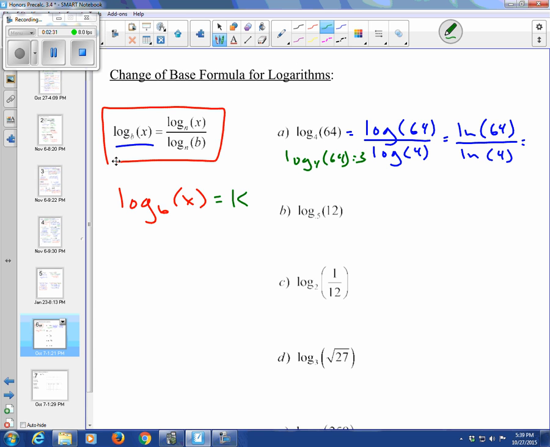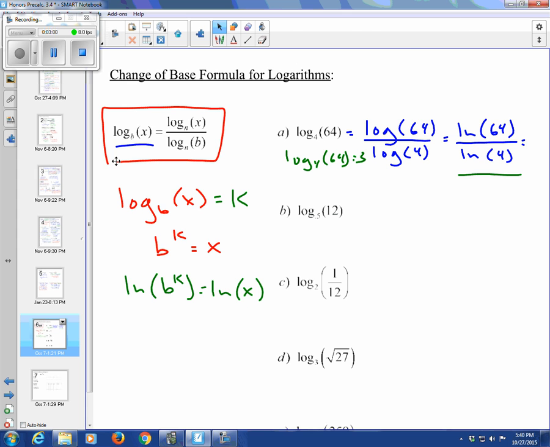Now I could rewrite this as b to the k power equals x, right? Then I could apply the natural log to both sides, and that would give me the natural log of b to the k equals the natural log of x.